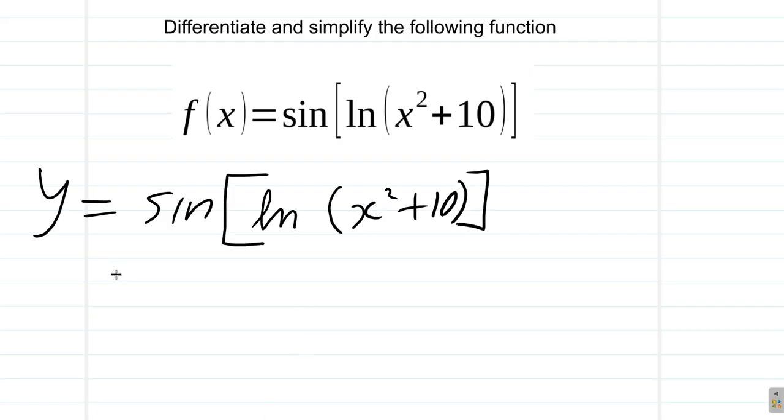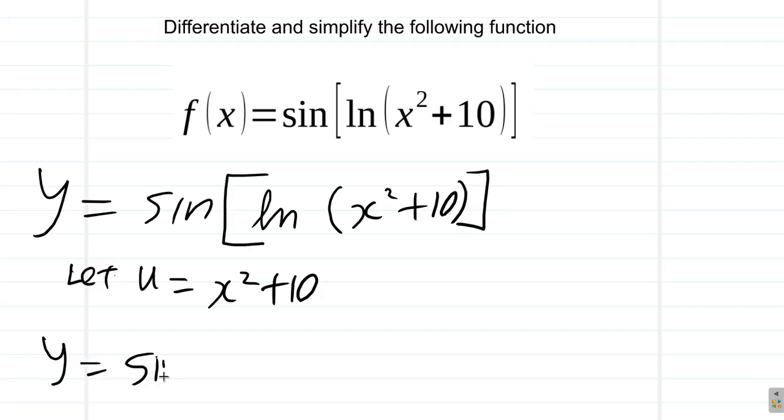Let's call it u. So we substitute. Let u be equal to x squared plus 10. So what we have then is y is equal to the sine of ln u.